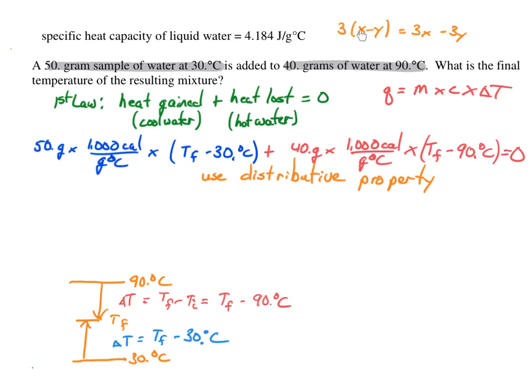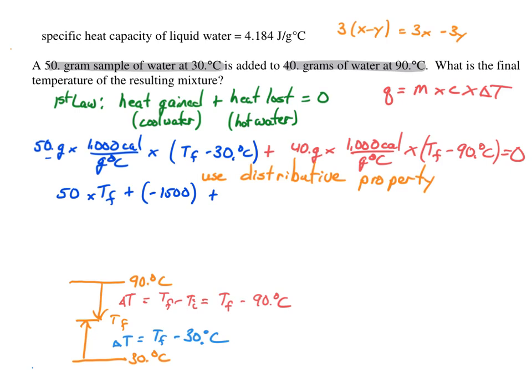Okay, we have this number times the first, this number times the second. So when we do that, we have 50 times 1 times TF, and to that we're going to add 50 times 1 times minus 30. That's minus 1500. So that's on the left-hand side of the equation.